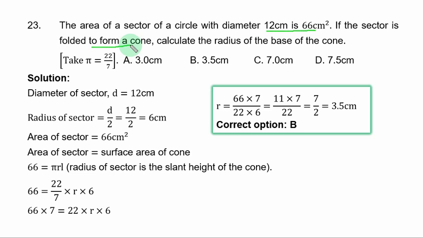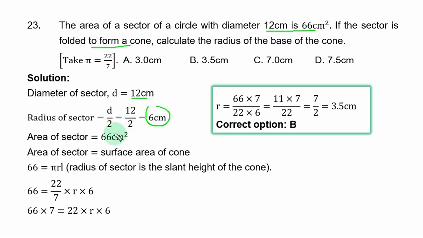Solution. From the question, diameter of the sector D is 12 cm. Now let's get the radius of the sector. That is diameter divided by 2. Divide 12 by 2 and you have 6 centimeters.